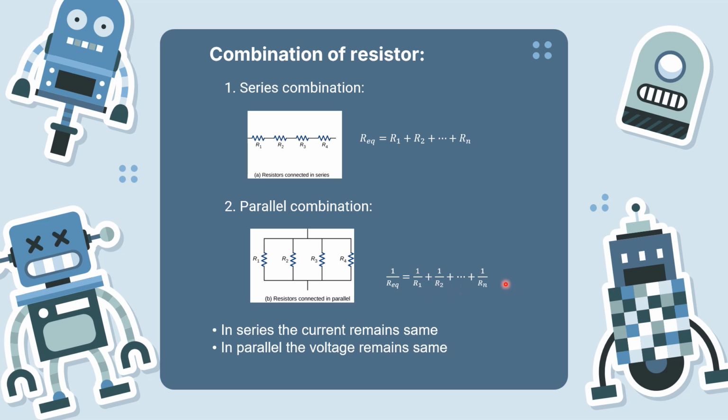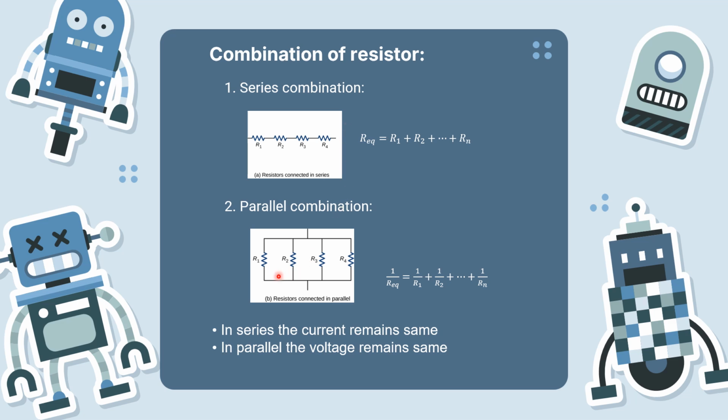And as you can see, in series mode, since there is only one path for current to pass, the current remains constant. So if we have a current over here, it can just go through this path. But the voltage across each resistor decreases because the voltage is divided between the resistors.